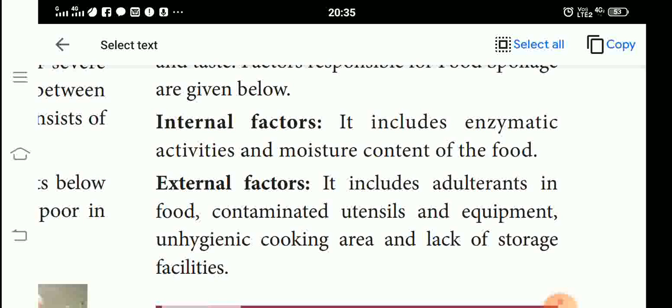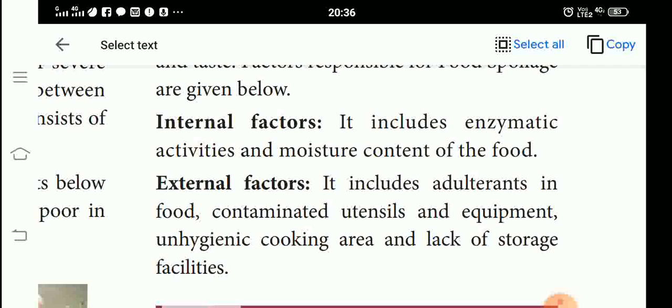If we are keeping the bread for 1 week or 2 weeks, what will happen? The bread has some moisture in it, no? Because of the moisture present in the bread, it will create the growth of fungi. That is one of the internal factors. And then enzymatic activities, it leads to that we are having a rice flour.